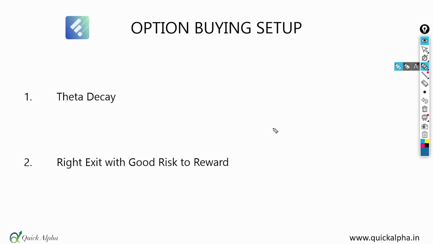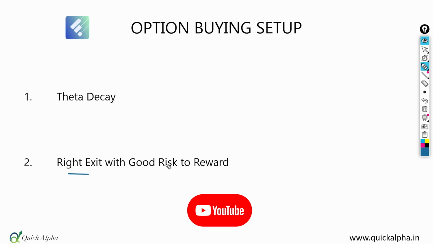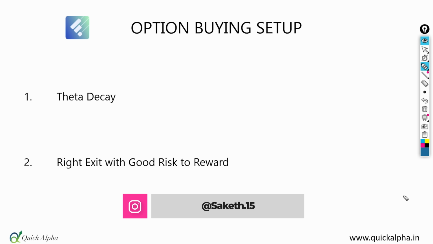Now comes the second and the most important thing, that is to have the right exit with good risk to reward. Any option buyer would tell you that the probability of making money by buying options is very low, hardly around 30-35%. We need to make sure our risk to reward is very good. If your stop loss is 5 points, you should be looking for at least a 10-point target.